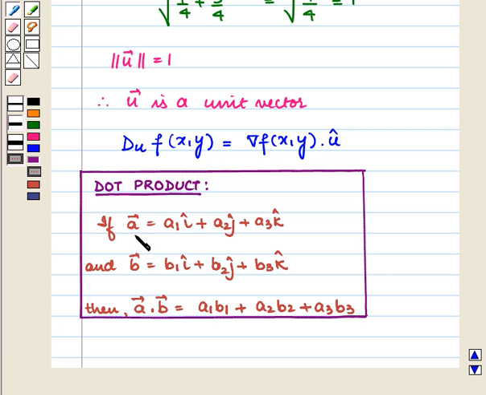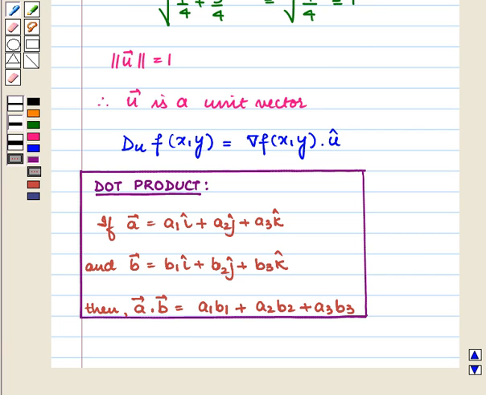If vector a is equal to a1 i cap plus a2 j cap plus a3 k cap and vector b is equal to b1 i cap plus b2 j cap plus b3 k cap, then the dot product of vector a and vector b will be equal to a1 into b1 plus a2 into b2 plus a3 into b3.